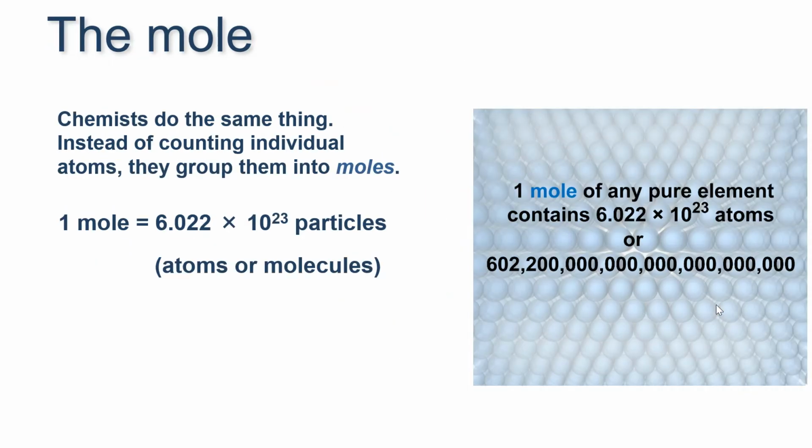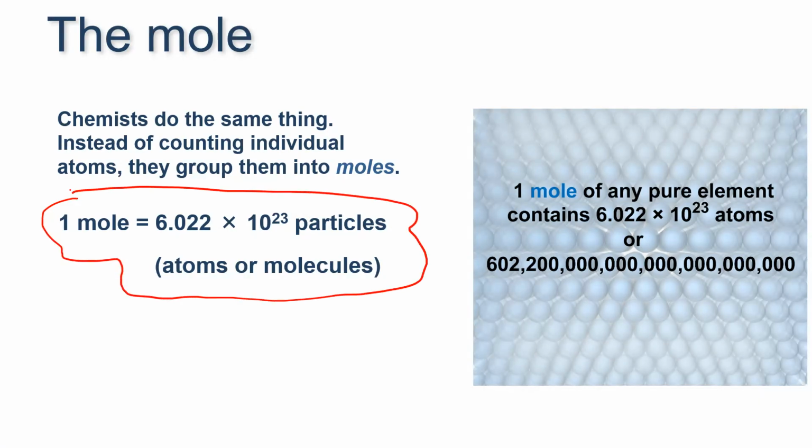So chemists do the same thing here. It's easier to do 1 mole, all right? Again, you've already written this down, but I just want to highlight this. It's easier to say, well, I need 2 moles of carbon and 1 mole of whatever, sulfuric acid, and then you can convert that to grams.